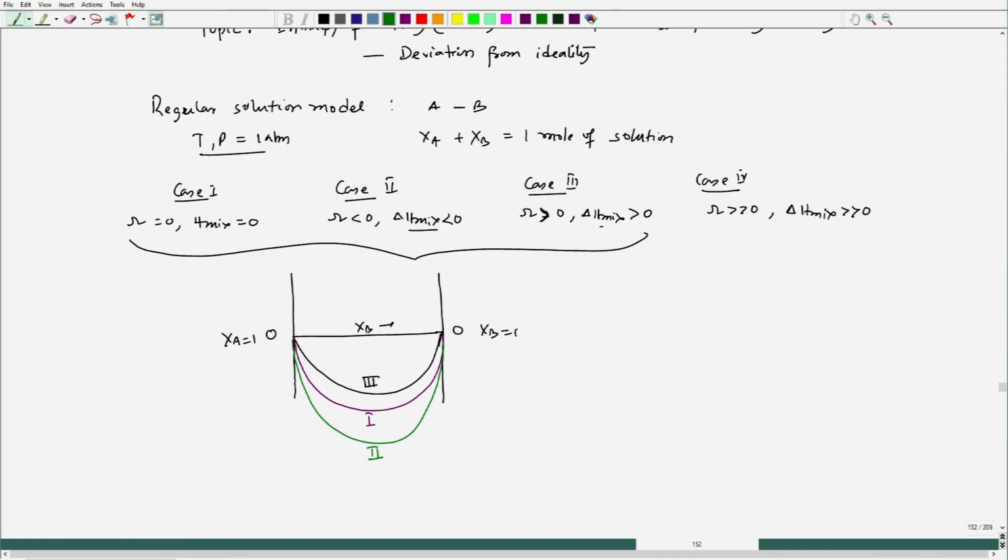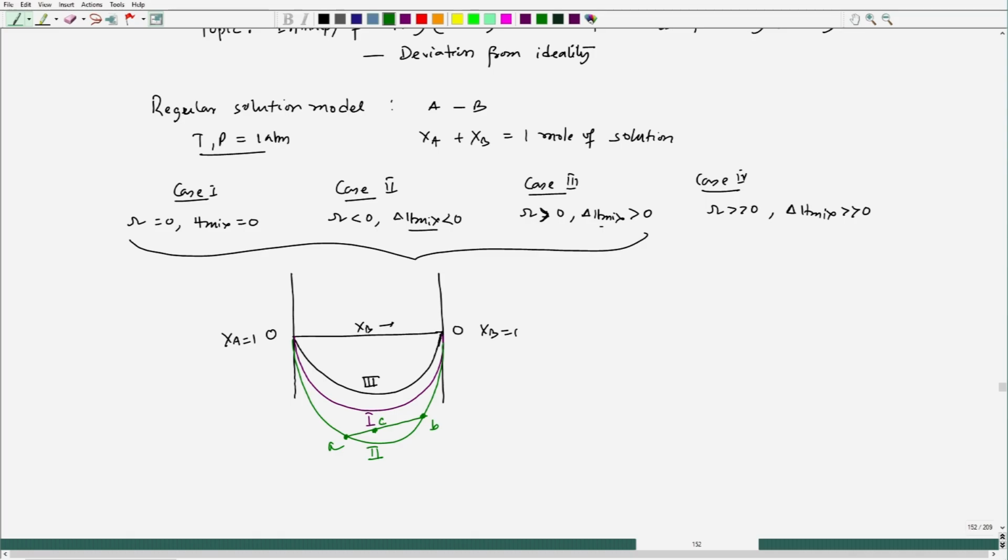Now, in all three cases we have seen that if we take two arbitrary compositions on this particular plot, and take equal proportions of these two composition solutions, let us say this is A and B, there will be a point C on this particular line.